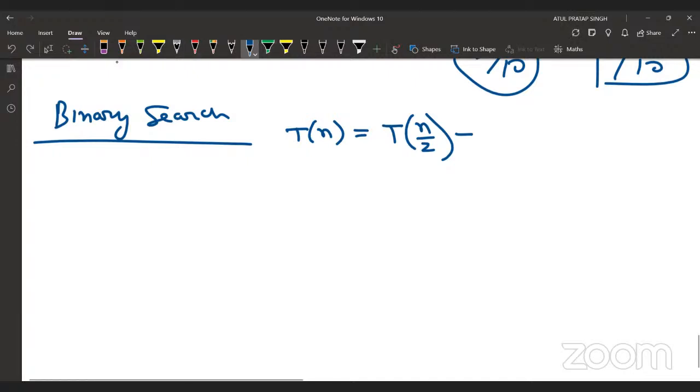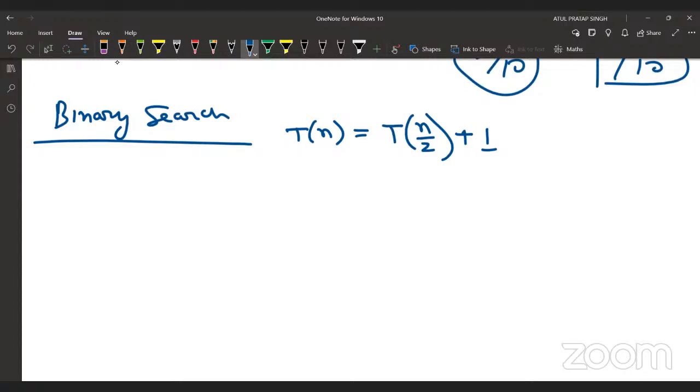So we can write this as 1 plus 1. This is the constant operation required to find the middle element and compare it. These are fixed operations, so we can write this value as 1 here.